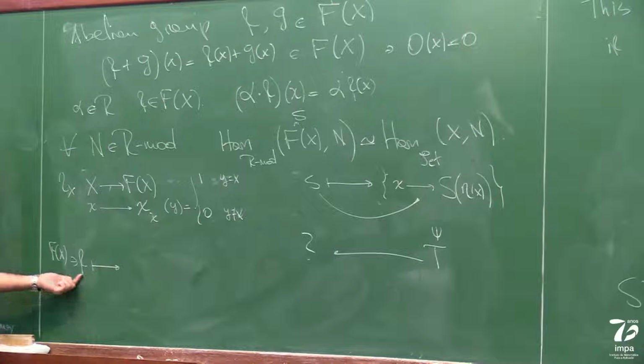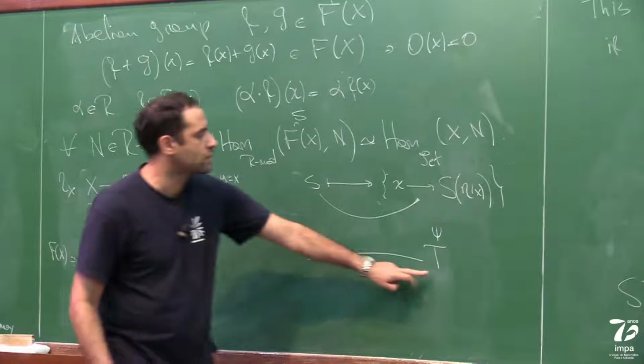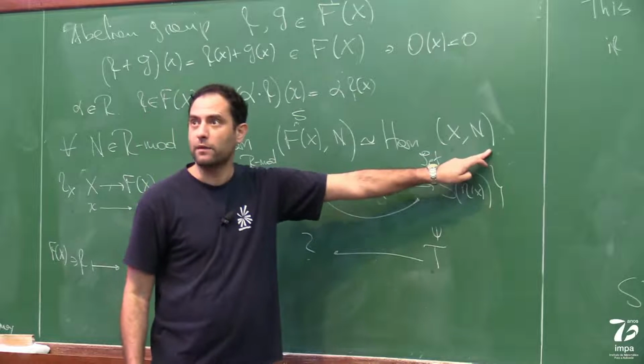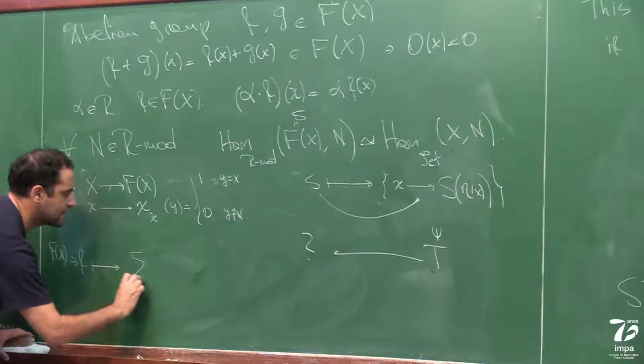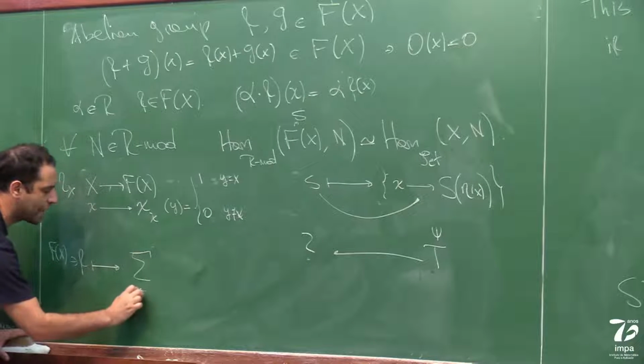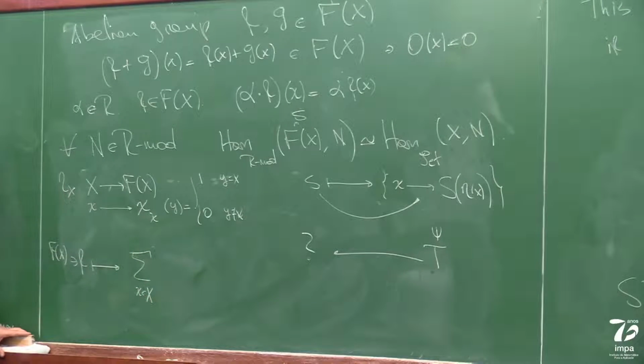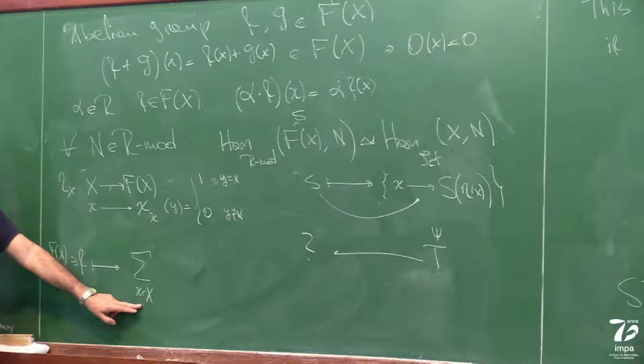For this function f, what I know is how to send elements from X to N. So I can send f to the sum over all x in X. This sum, the set might be infinite, so in principle it is an infinite sum.